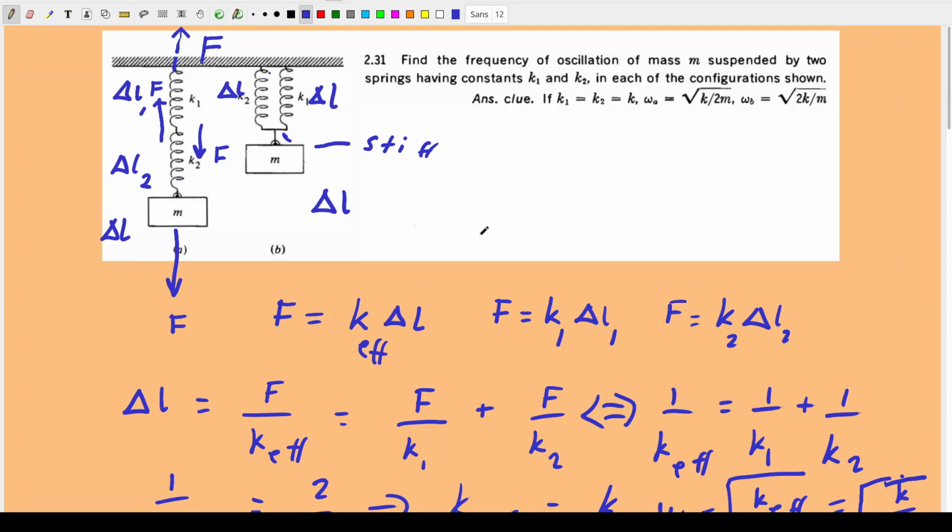There will be one force here, F, but here it will be F1 and F2 instead.